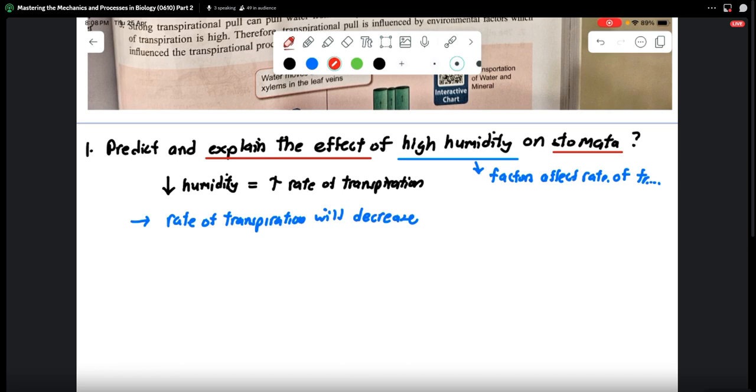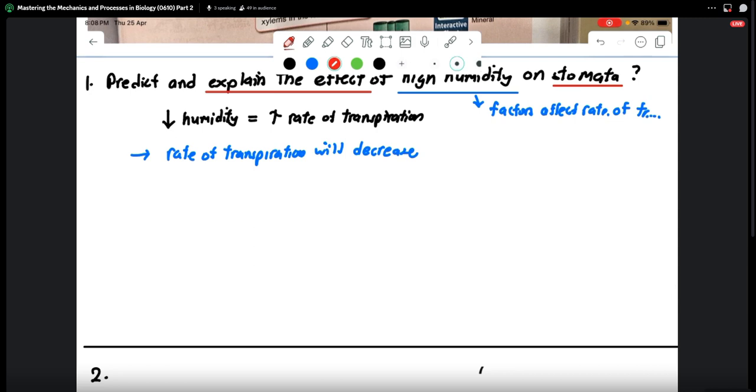You will confirm fall into the trap. So how are you going to start answering this question? So when you come to this point of answering, that is referring to the stomata, right? We need to see how the stomata responds to that high humidity.